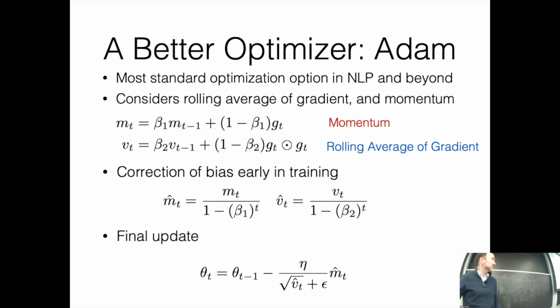So it allows you to upweight the less common gradients more. And then there are also some terms for correcting bias early in training, because these momentum and squared gradient terms are not going to be well calibrated yet. So it prevents them from going very haywire at the beginning of training.